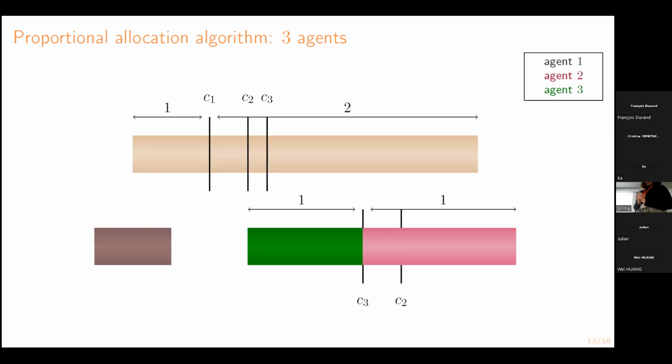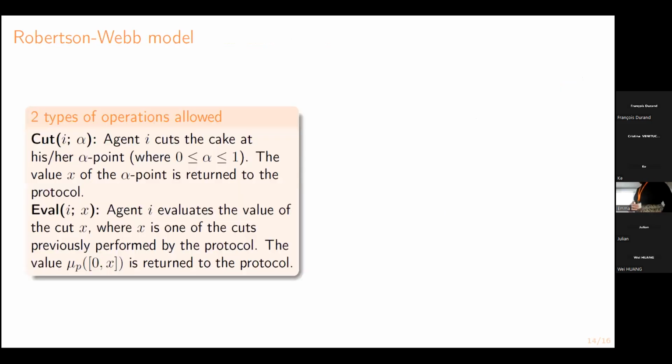What about complexity? The first thing is we need to know how we measure complexity, which are the operations we take into account. And for this, we have something called the Robertson-Webb model, which allows two types of operation: cutting the cake to a point.